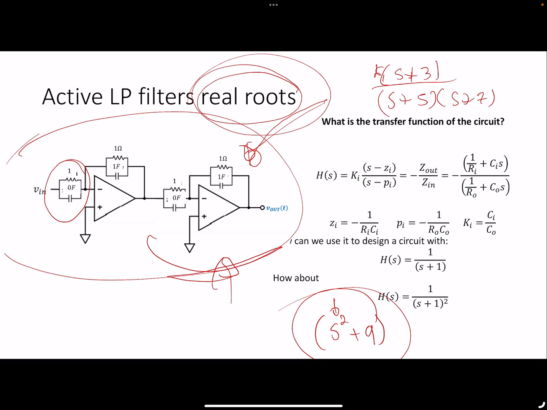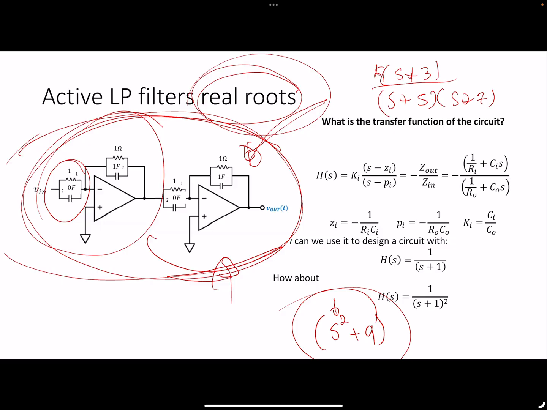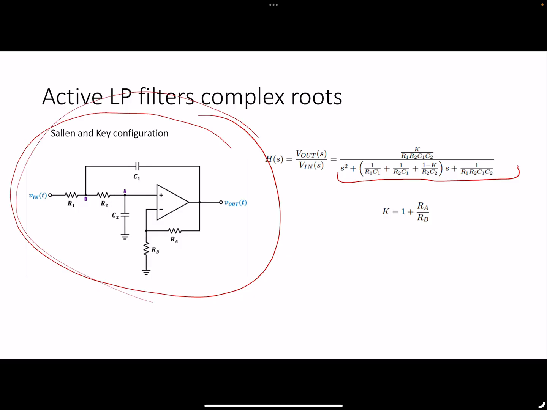So with this topology, which gives you one real pole and one real zero, and this topology, which gives you one complex pole, you can basically design any transfer function that you would ever want to design. And the approach would be the same.